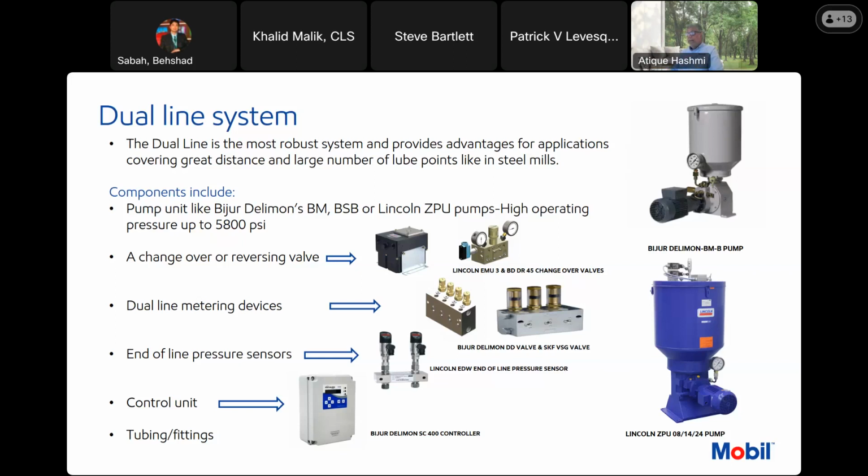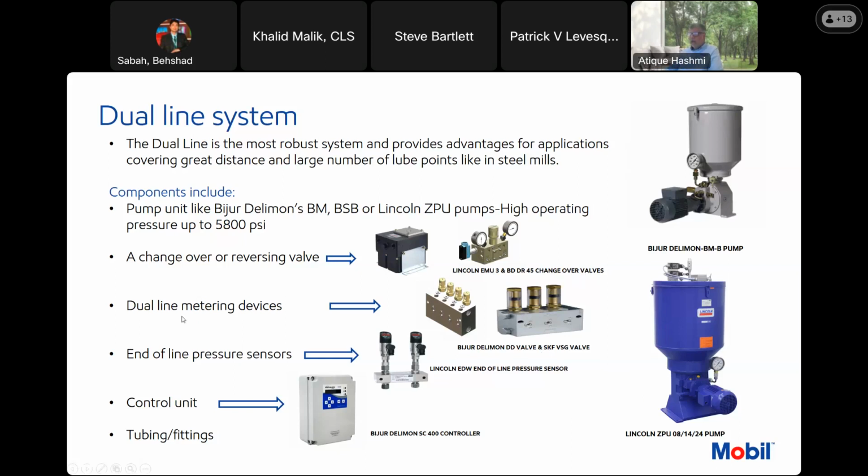Components include the pump unit. Mostly you will see Delimon systems and Lincoln ZPU pumps, this blue one, and these are the pumps you will see in very large settings, with high operating pressure up to 5800 psi. Then you have a changeover or reversing valve. This is a unique component for the dual line system, and an example is the Lincoln EMU.